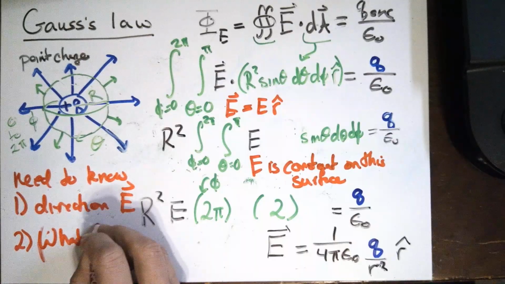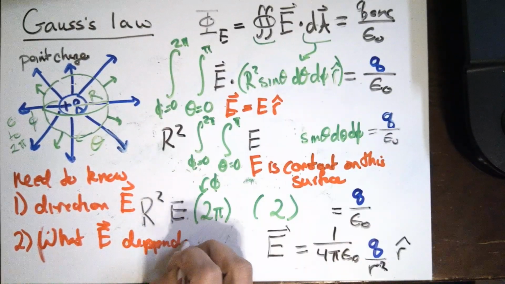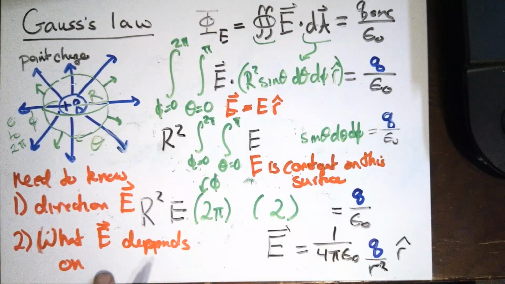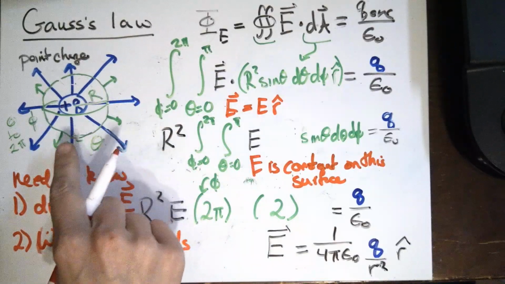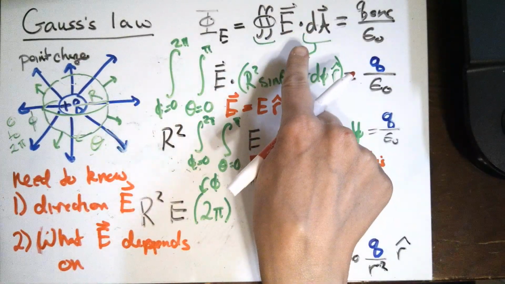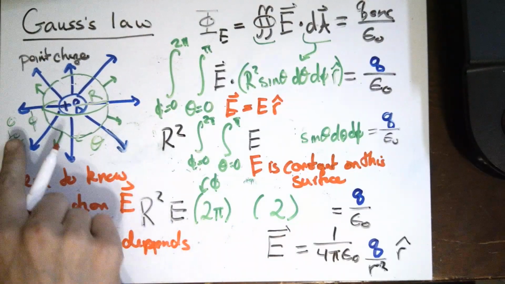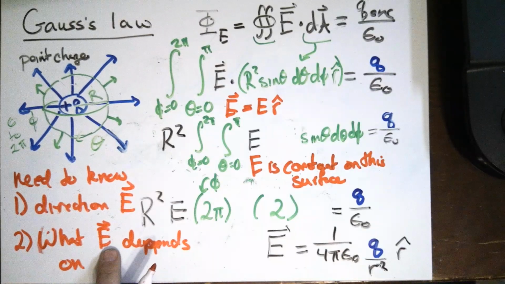So what this electric field depends on, which is which variables. So when you set up your Gaussian surface, this closed surface you're going to do Gauss's law on, you can make sure that your integration variables are things that aren't going to have E changing.